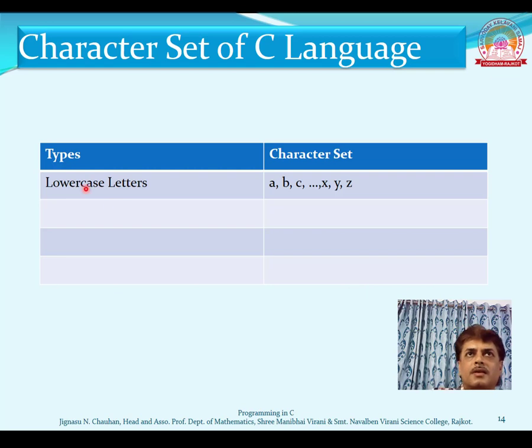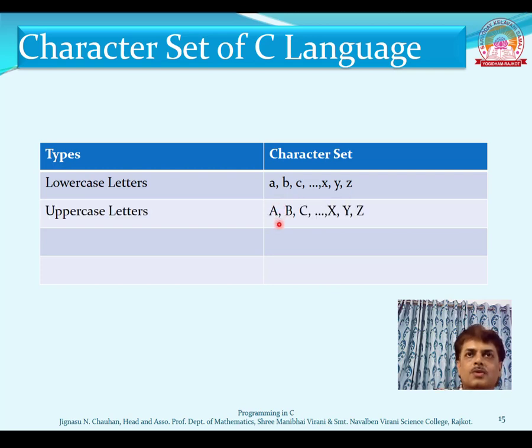Let us see the character set of C language. First of all, the C language allows us to use all the 26 lowercase English alphabetic letters, that is a, b, c up to x, y, z.